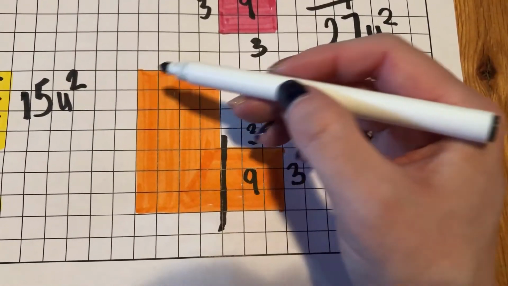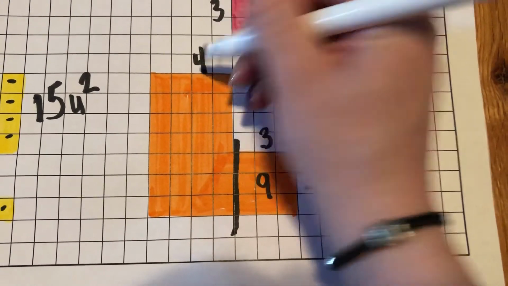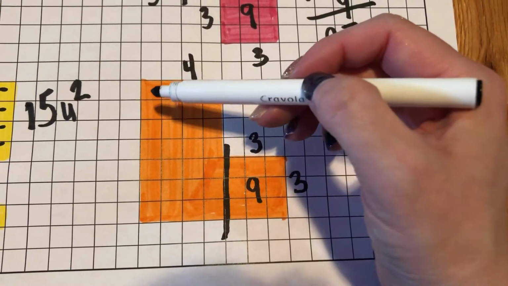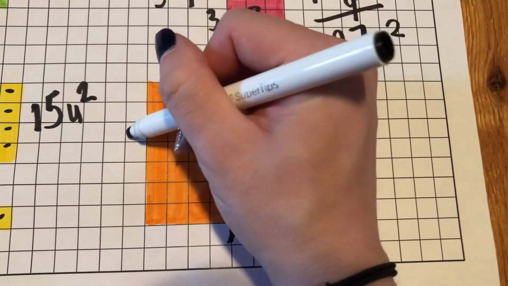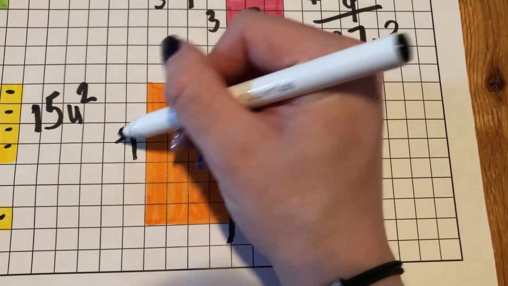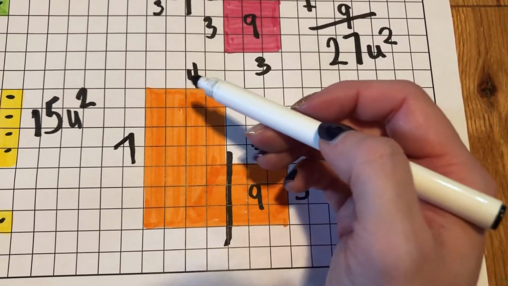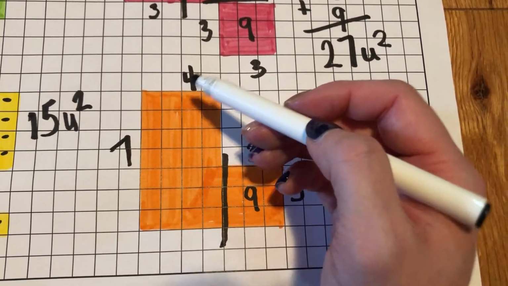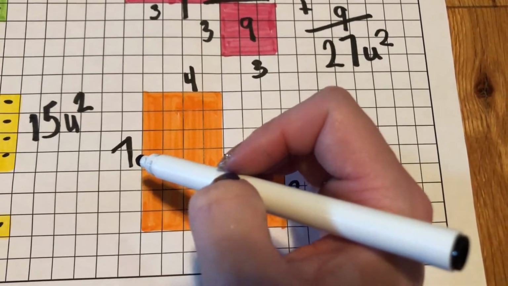And then here I've got 4 columns. 1, 2, 3, 4, 5, 6, 7 this way. So now I have to do 7 times 4. I know that 7 times 2 is 14.